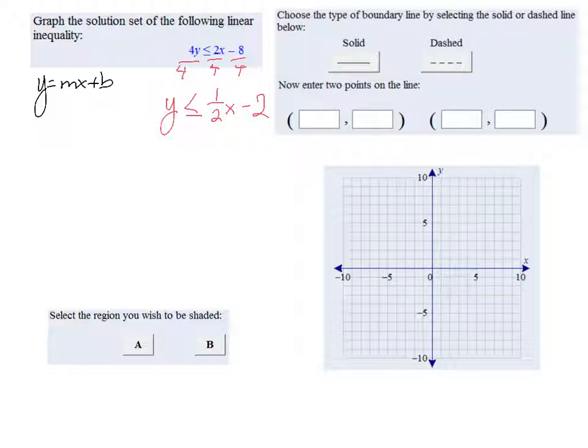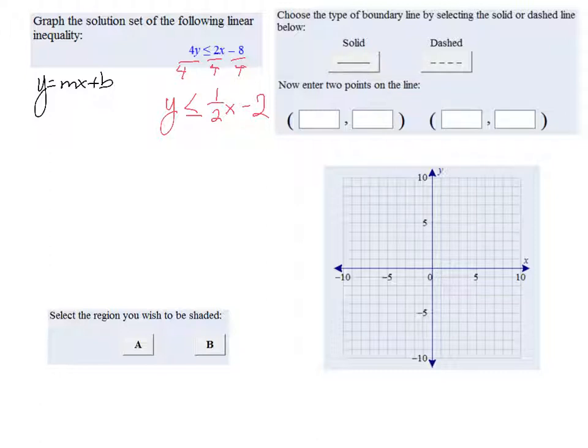Now we're looking for all the ordered pairs that don't necessarily land right on that line, but all the y values will be less than that line. Let's look at what it's going to look like on a graph, and that will help us. This is what we call the boundary line. I need to graph that first of all.